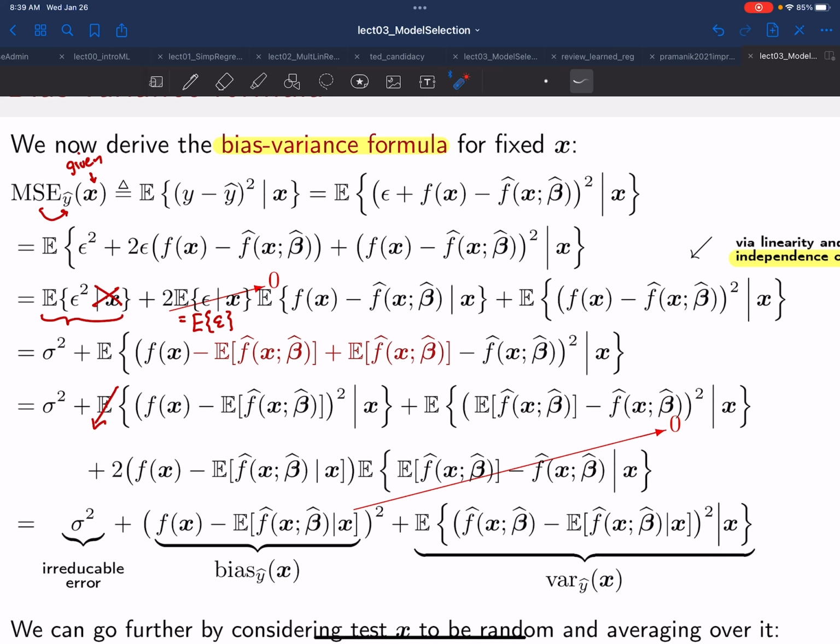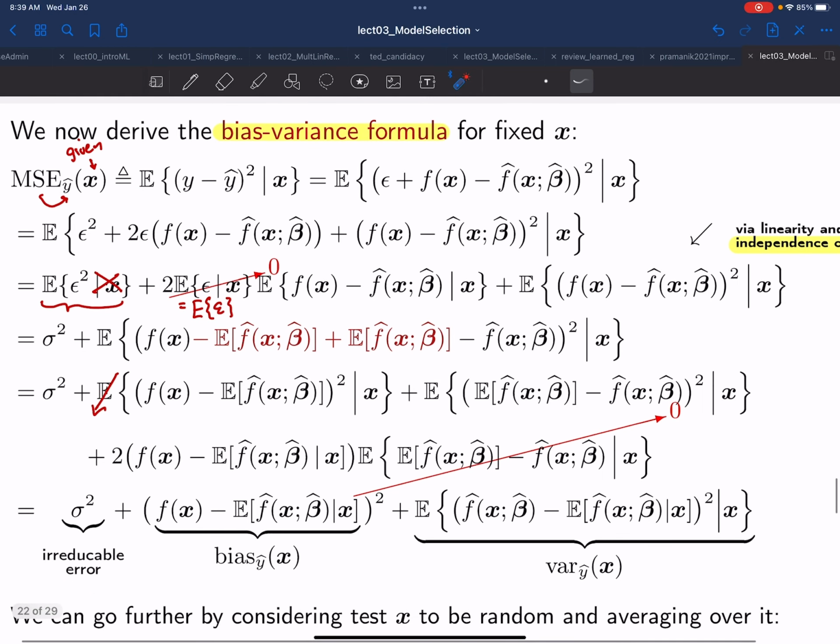Let's talk more about the bias and variance. The bias looks at the difference between the true noiseless model and the average, where the expectation is being applied over the training coefficients. Think about it this way: if I run one experiment and get one beta hat vector and make one f hat prediction, it's not going to be perfect.